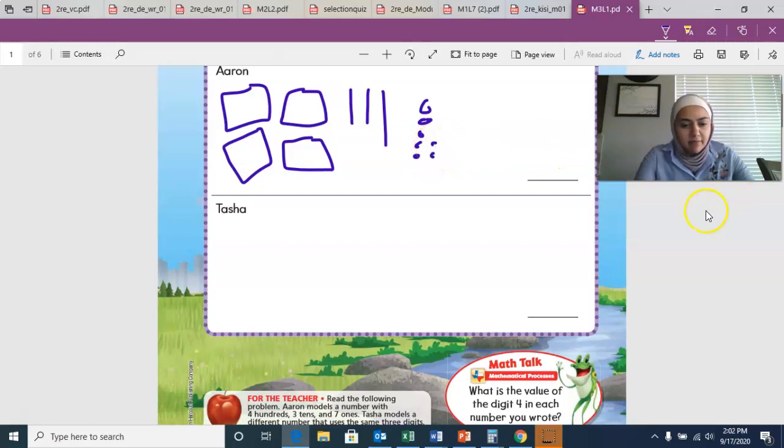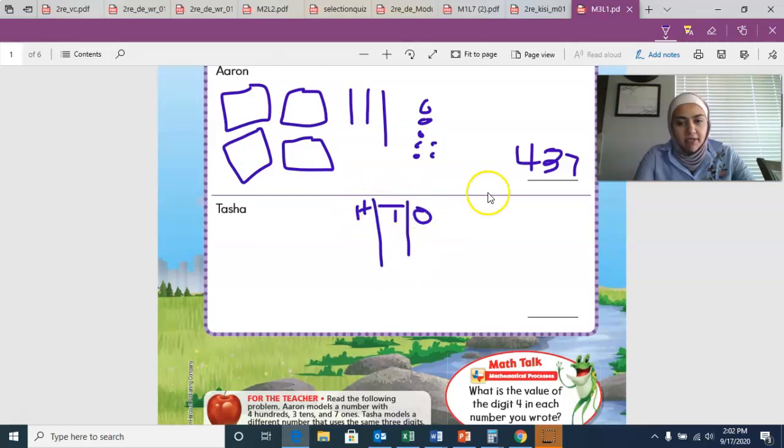Tasha models a different number that uses the same 3 digits. Okay, so his number is 437. Her number uses the same digits, but she's mixing them around. So I'm going to draw my ones, tens, hundreds charts real quickly. And instead of plugging in 437, I'm going to flip those digits around.